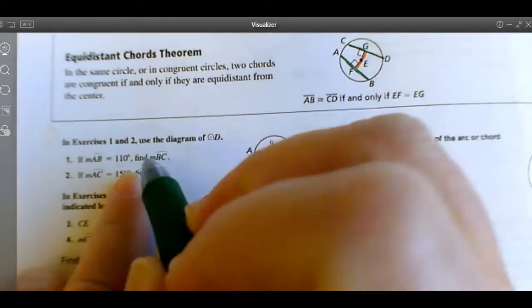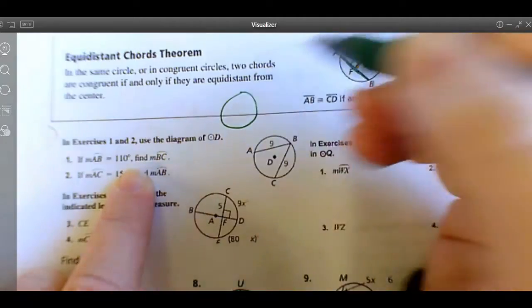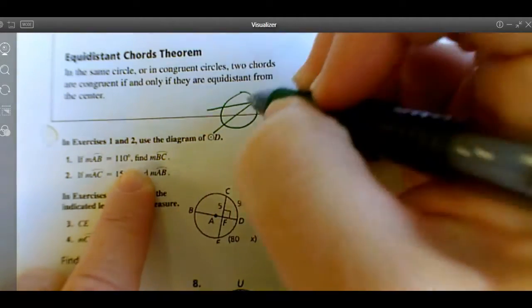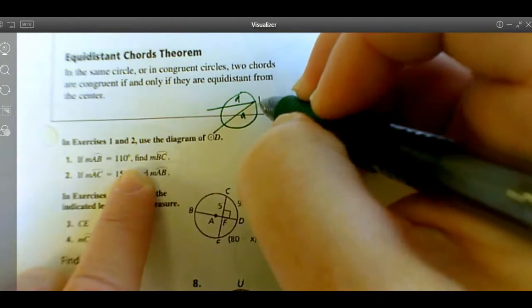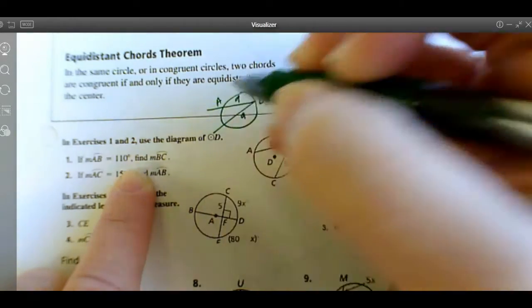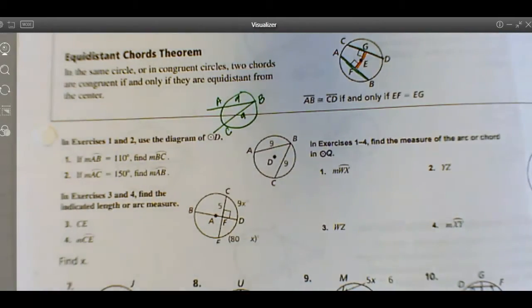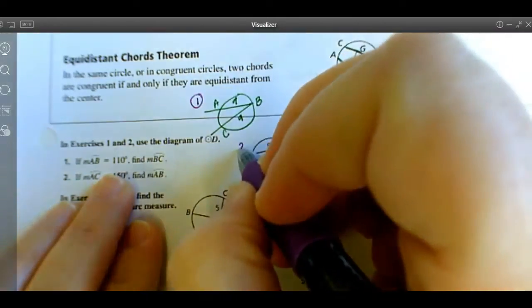So I think I'm going to draw this diagram for one. That way we'll have two pictures to look at. So I'm just going to draw that diagram. That way when I start writing on it, we won't get confused about whether we're doing the A part or the B part, or the number 1 and number 2. We'll let this one be number 1, and we'll let this one be number 2.